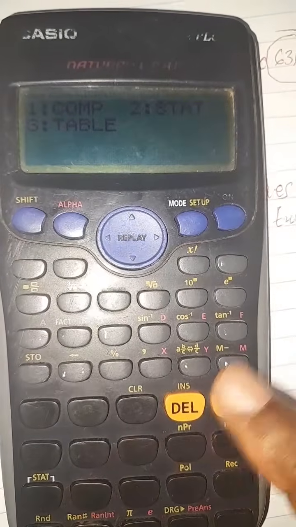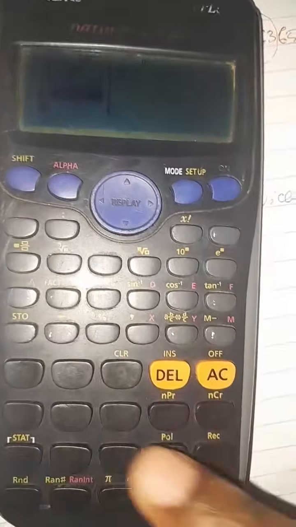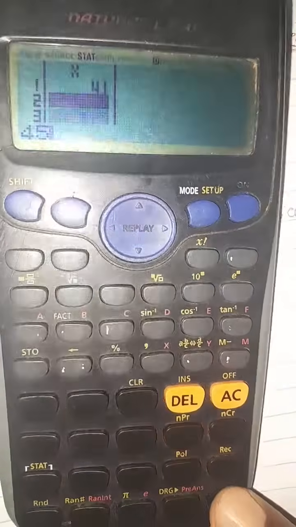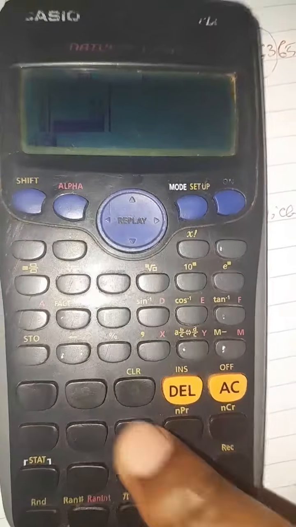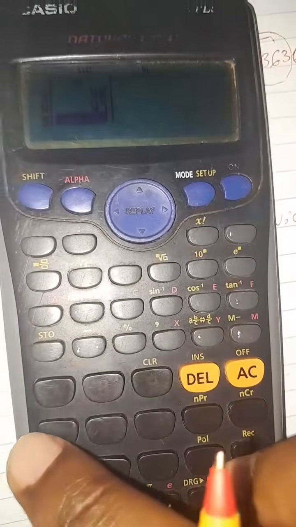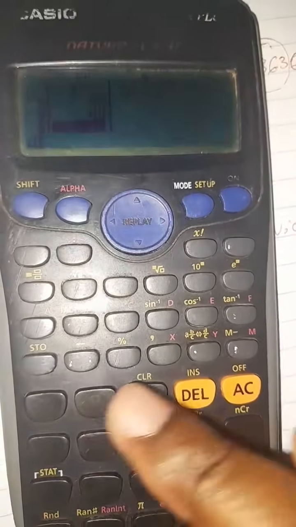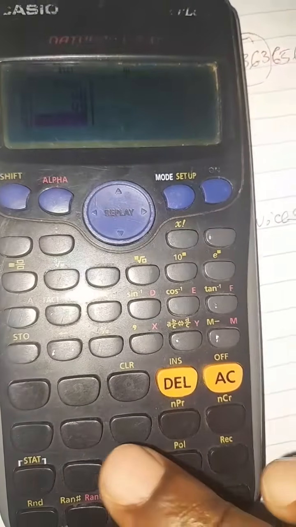So we're going to say mode setup. The variable is 1, so let's put 41. The arranged data that we've put: 45, 46, 47, be careful, 48, 49, okay, I was careful there.